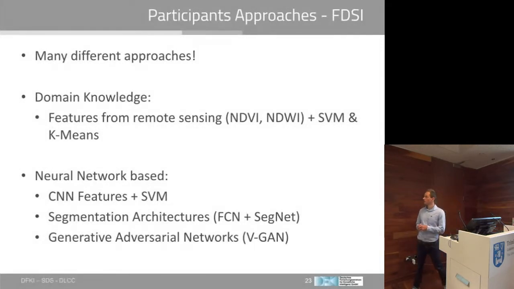We also had one team which focused very strongly on remote sensing. They computed, for example, water indices and vegetation indices, and used them in an unsupervised and supervised manner, and also achieved quite good results. So that's an interesting area, to not always go just with deep learning, but also with domain knowledge in this context.